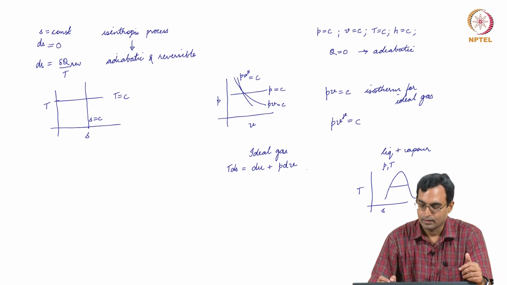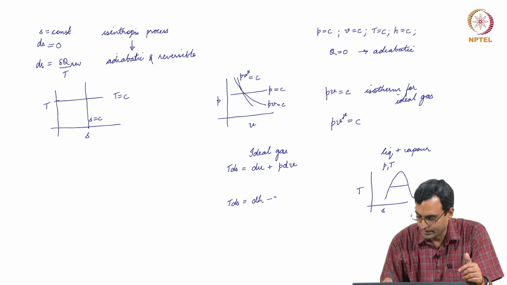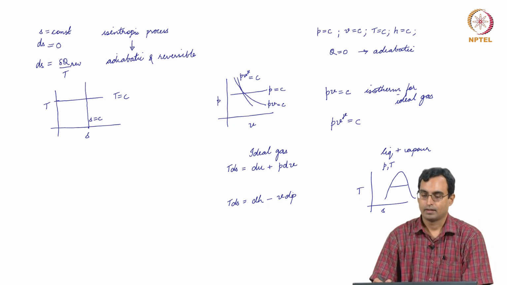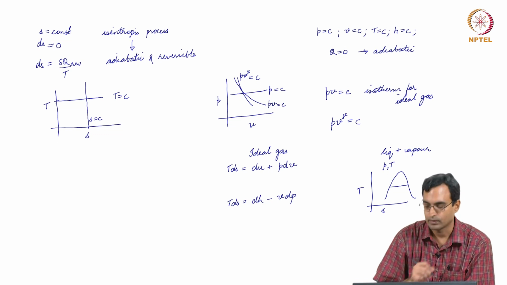We can look at what happens for an ideal gas. So, maybe let us take the other relation, dH minus VdP. I want to see what a constant pressure process, which is a horizontal line on a PV diagram, looks like on a TS diagram.